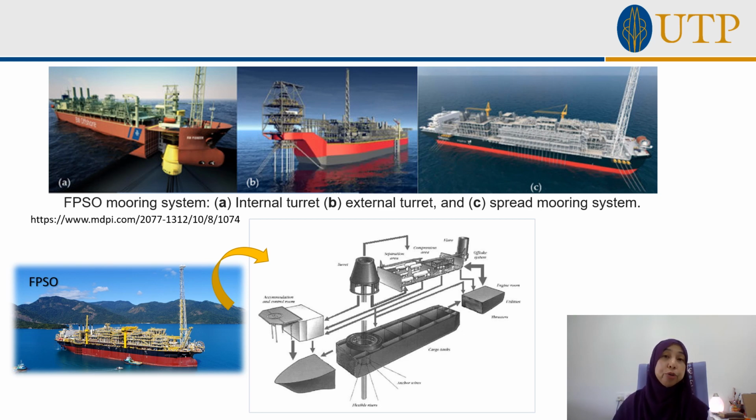If you do not moor your FPSO, the next day when you wake up, it can just be elsewhere in the other part of the world. So you need to have a turret system designed to be embedded into the FPSO, because that is where you connect all the mooring lines to let it stay and not move anywhere else.